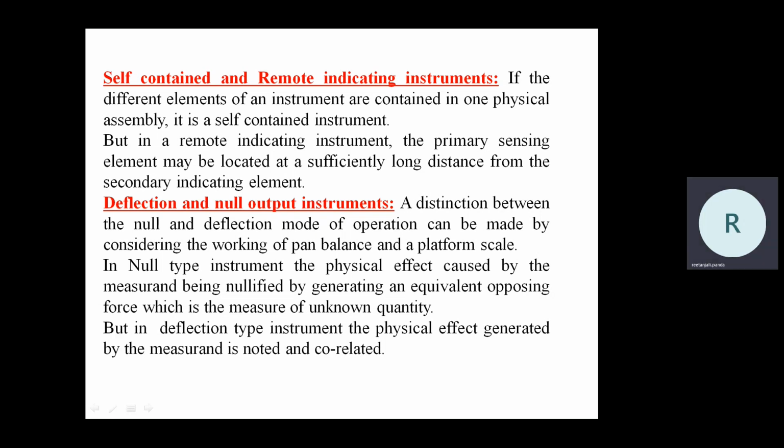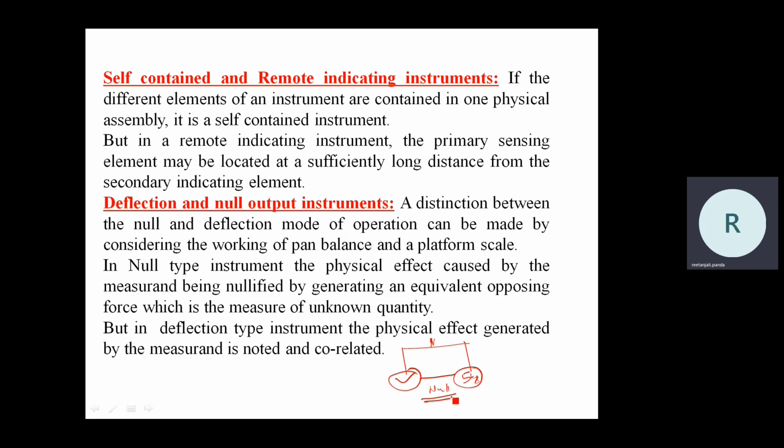We can consider this is the lever, and this is the middle nail. Let us consider we are keeping a 5 kg standard over here. So it will go down, isn't it? That is the displacement. But to balance it out, what will we do? We will put an equal amount of weights here so that they will get balanced. So there will be null deflection.